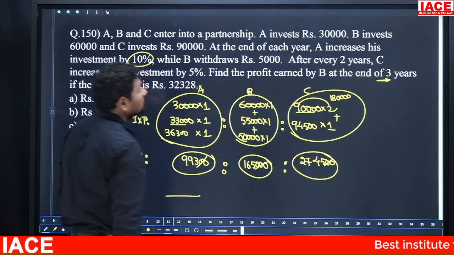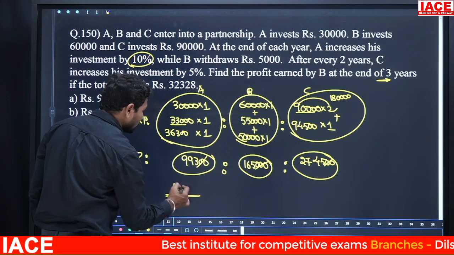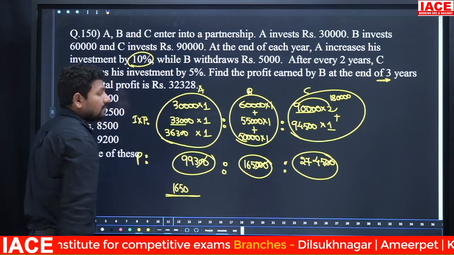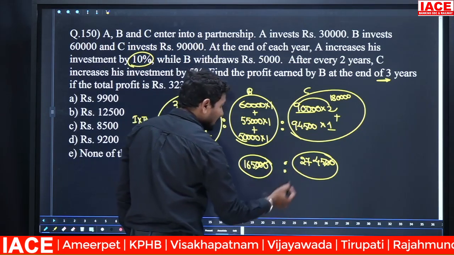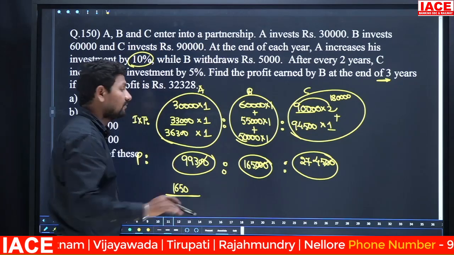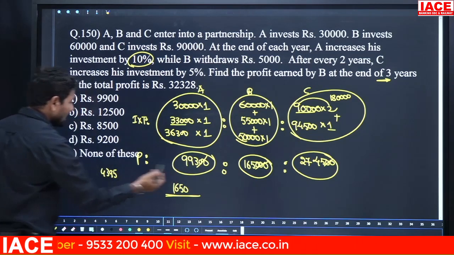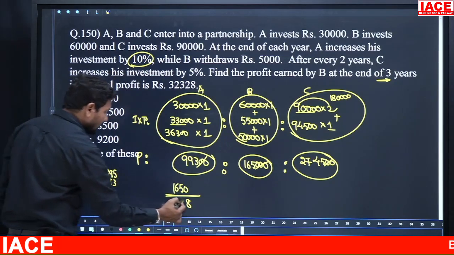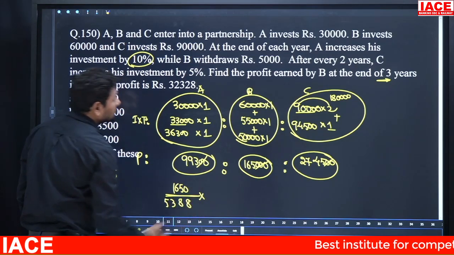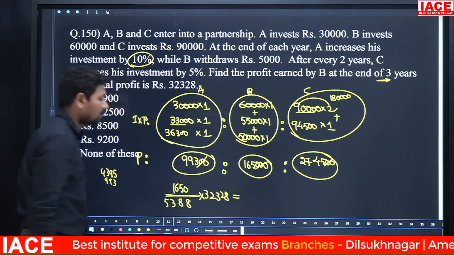In this total profit, whose portion is required? B's portion is required. B's value is 165 out of 993 plus 165 plus 274.5. Adding these gives 5388. Here the total profit is 32,328.